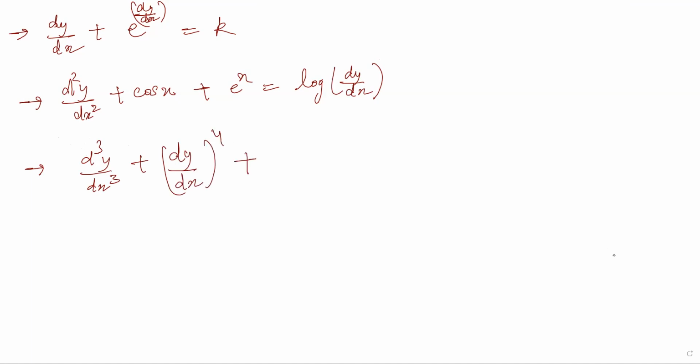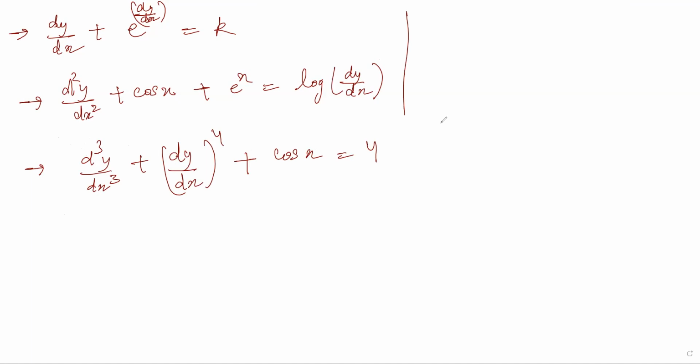Let's say I have these three equations. dy by dx plus e to the power dy by dx is equal to k.